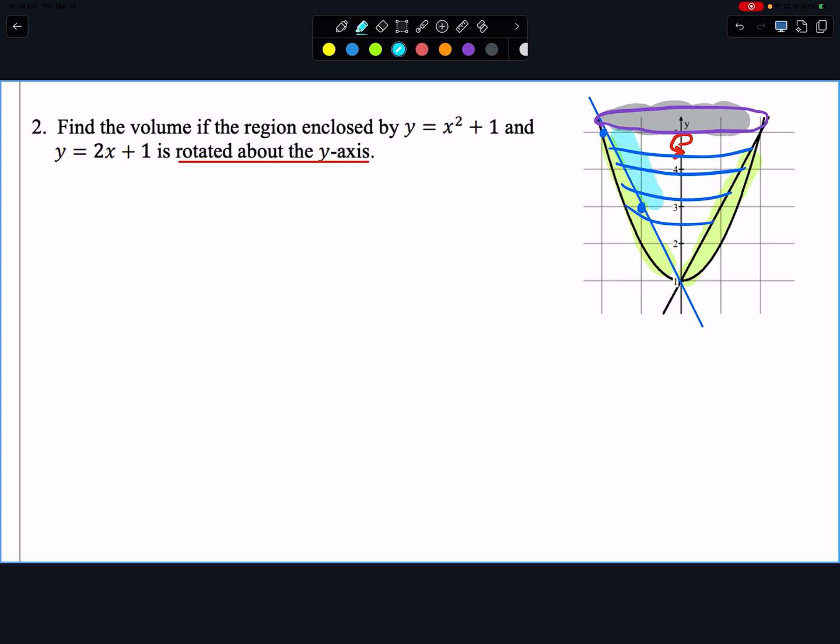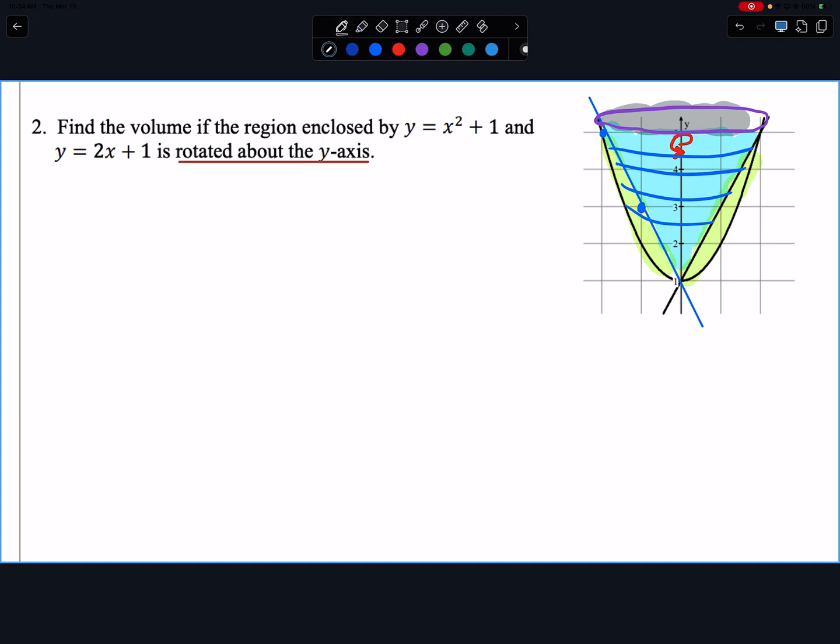And this blue represents, if I were to turn it and look on the inside, all the empty hollow space.